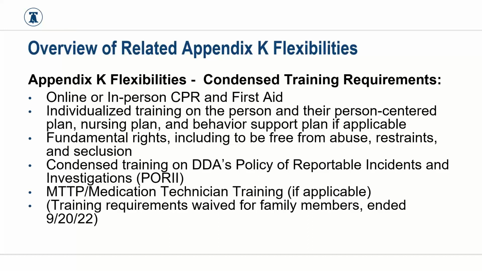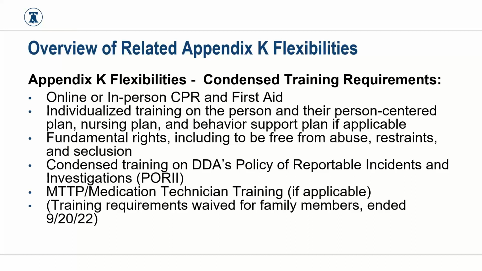And then if applicable, that they did have their medication technician training if they were doing any kind of delegatable activities. So those are all examples of the reduced version of required trainings during that Appendix K period.